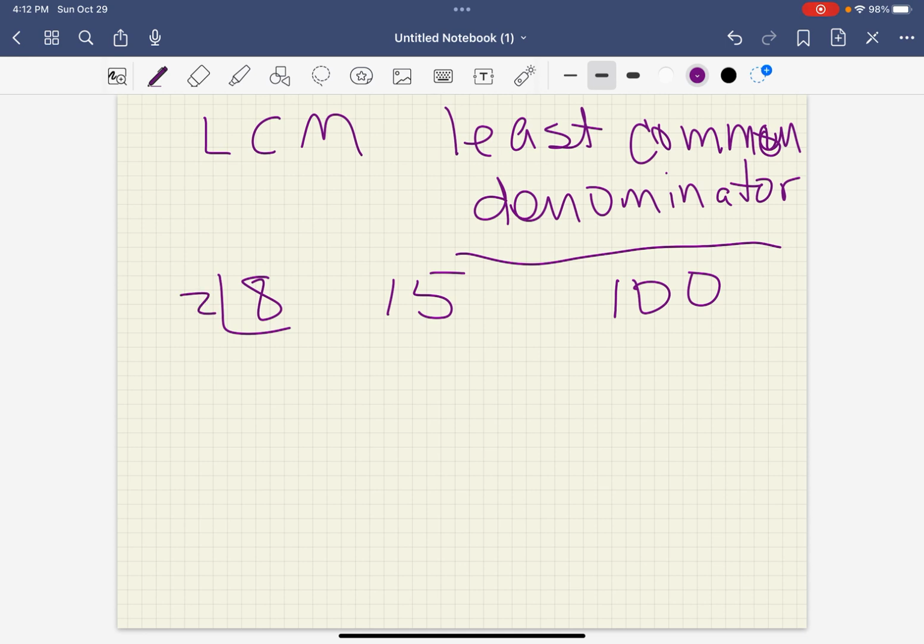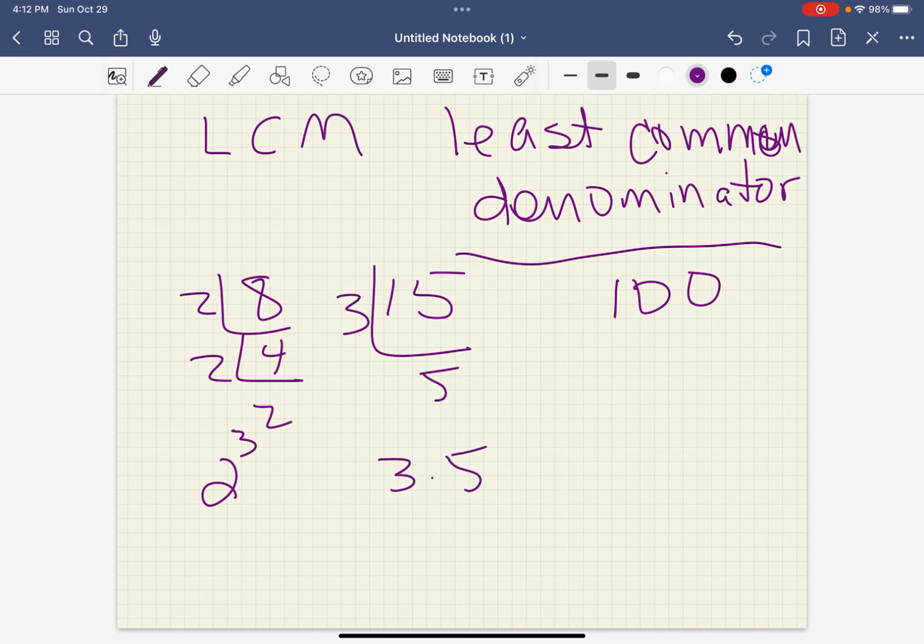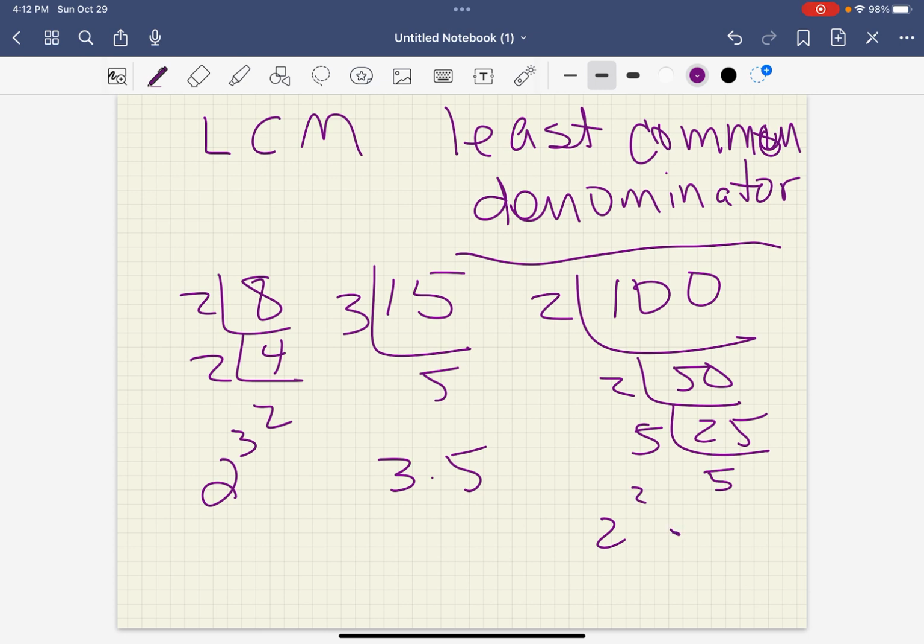So the prime factorization of each one of these is 2 to the third, 3 times 5, and 2 times 50 is 25, 5 and 5, so this is 2 squared times 5 squared. So for the least common multiple, we have to have each one of the numbers. So that would be a 2, a 3, and a 5.